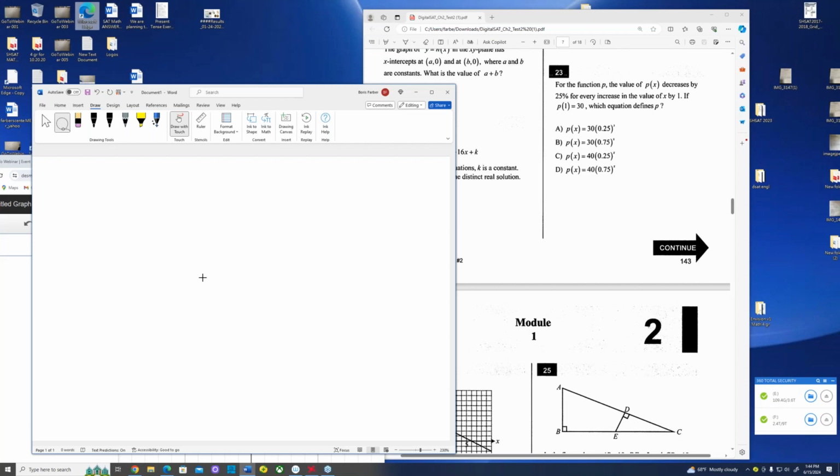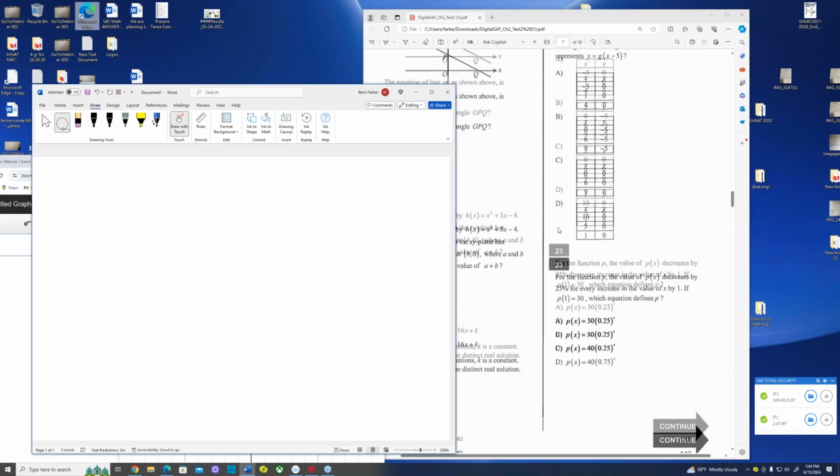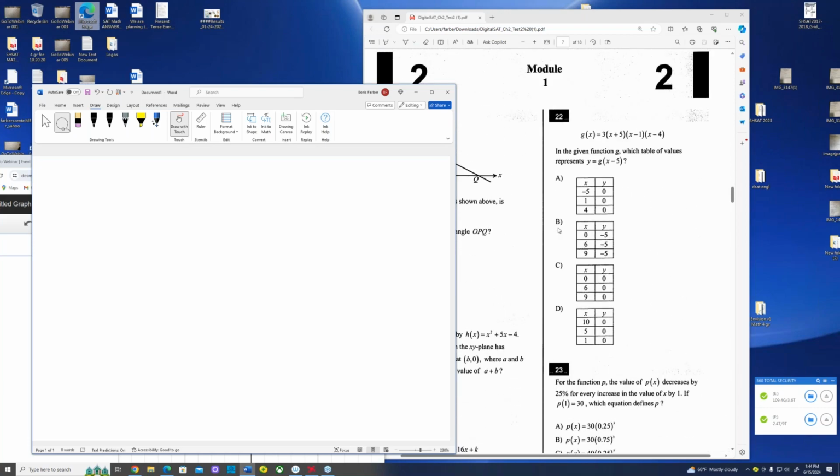Again, if you have more time, for instance this question: if the given function g, with variables represent y equals g of x minus 5. Let's do this in our 22.